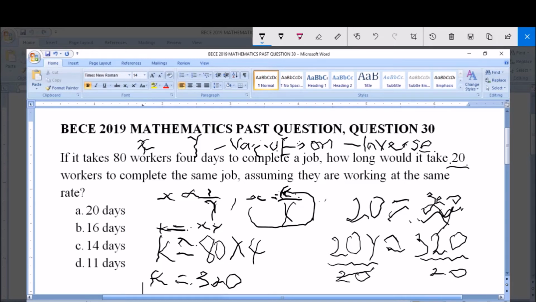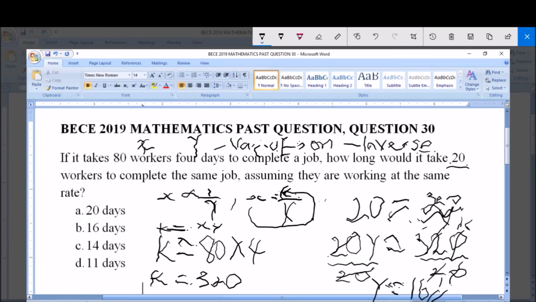So we cancel this 20, and here we cancel 0, and 2 in 32 gives us 16. So therefore, y is equal to 16.